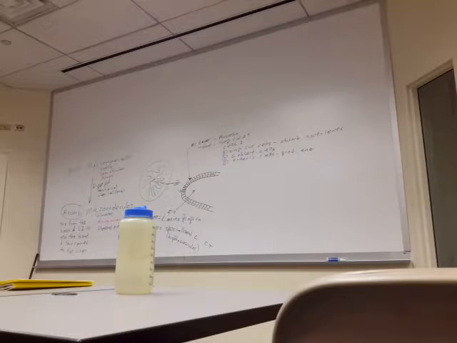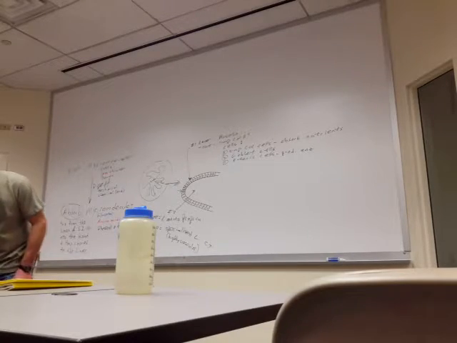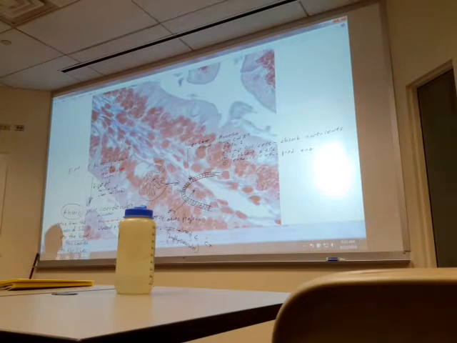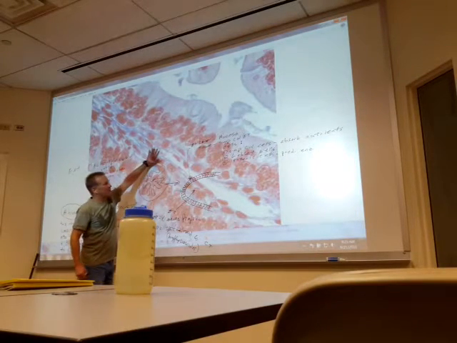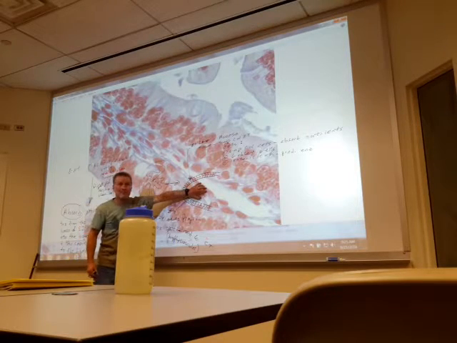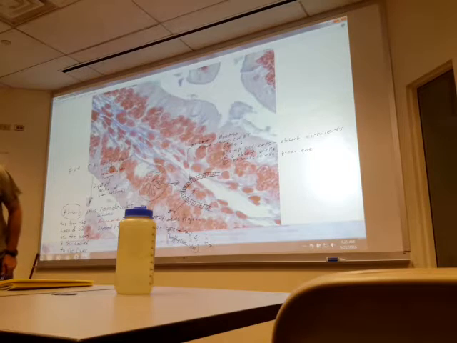Now we don't see microscopically, because we don't have enough magnification, the structures in the lamina propria that I need you to understand. We're going to put them in our picture, even though we don't see them in the photomicrograph.